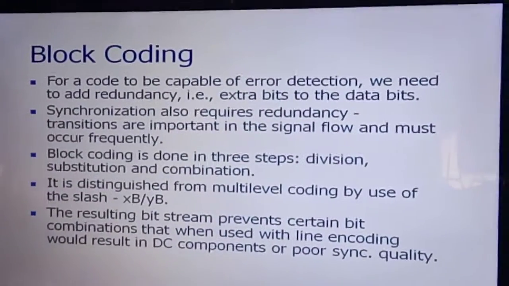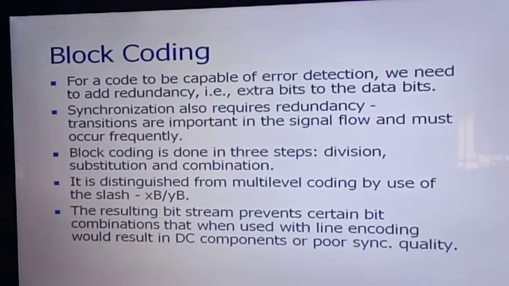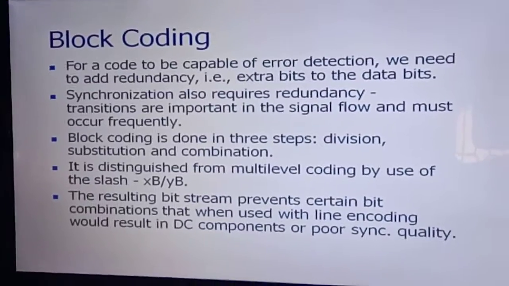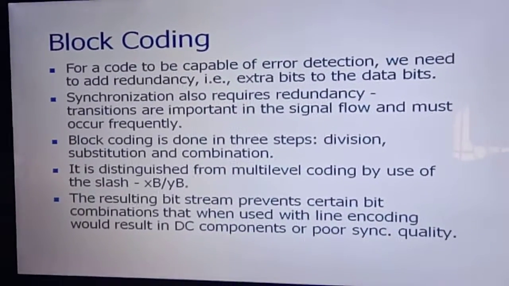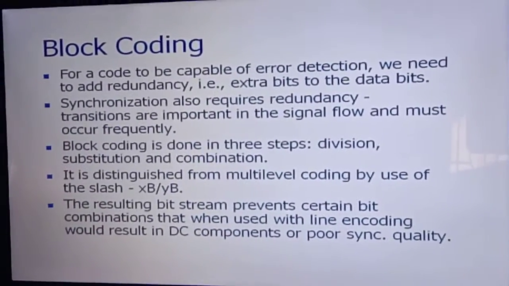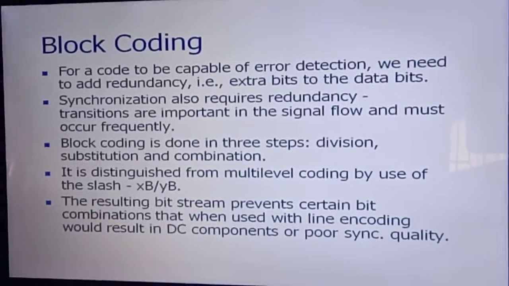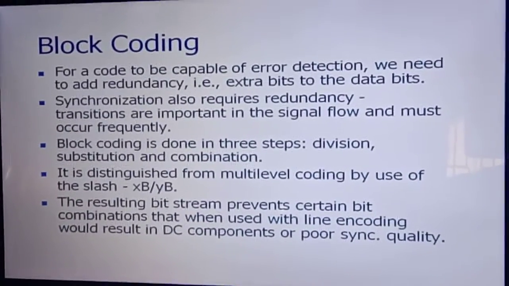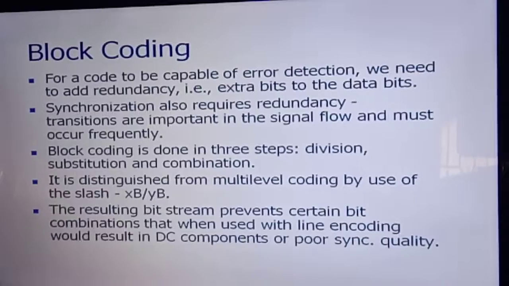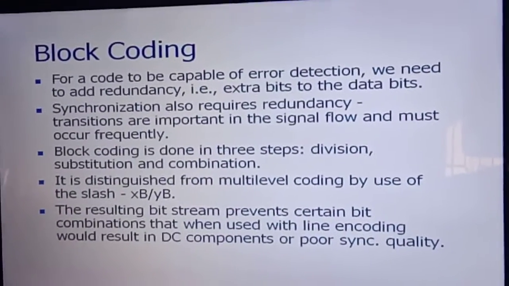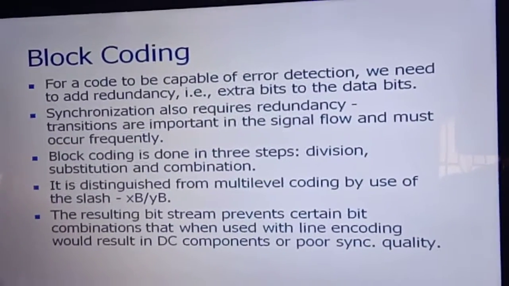Next, coming to the block coding methods. Block coding methods can prevent the disadvantages of previous methods. The previous polar coding methods allow signal representation using non-return to zero or return to zero, or a combination of both for Manchester and differential Manchester encoding.